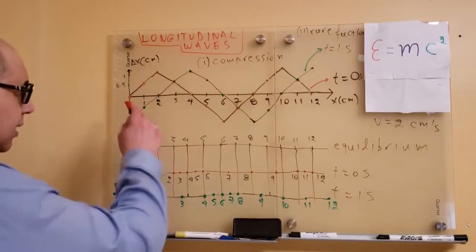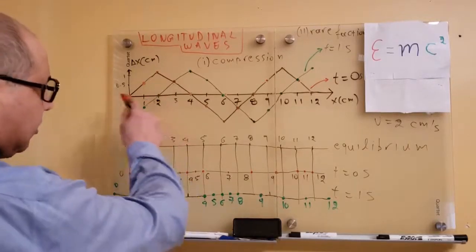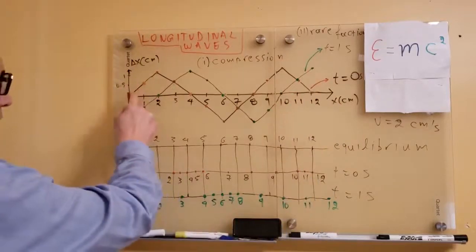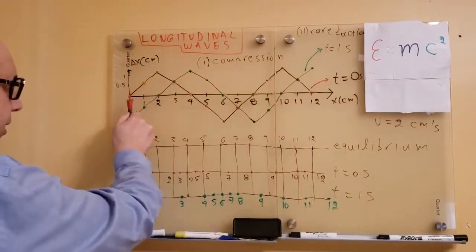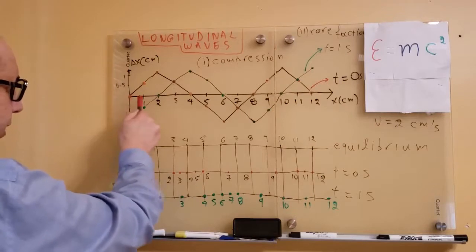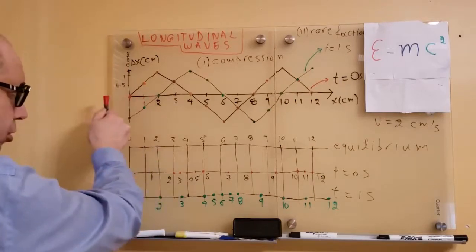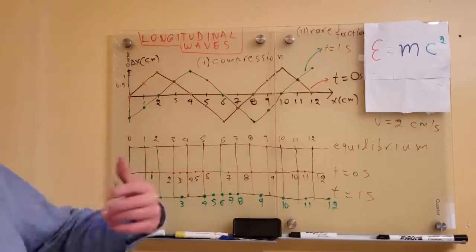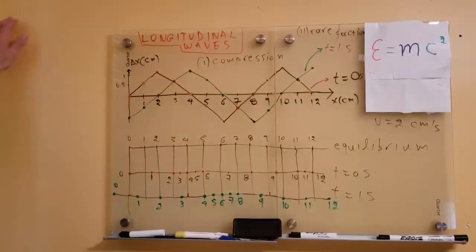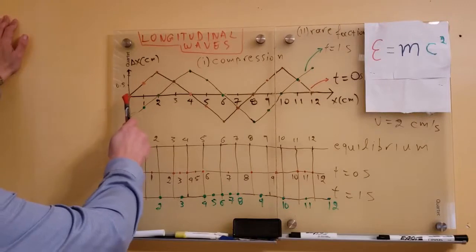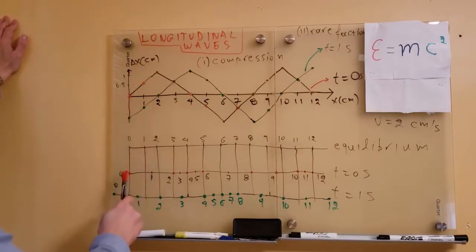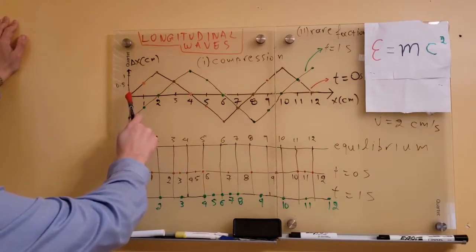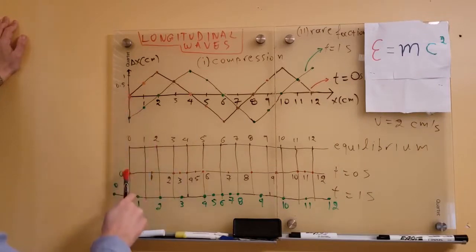So the wave is traveling in this direction, and the particles travel either in this direction or the opposite one, parallel to the wave. At t = 0, particle 0 is at the position of equilibrium.